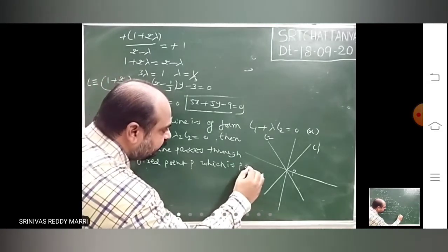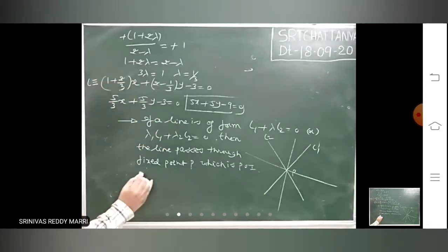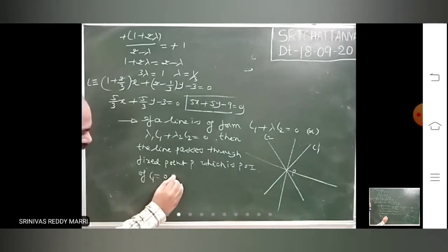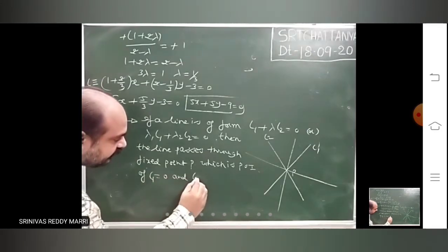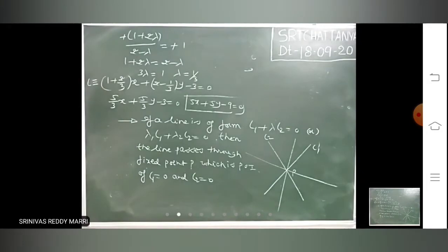It is the point of intersection of L1 equal to 0 and L2 equal to 0.